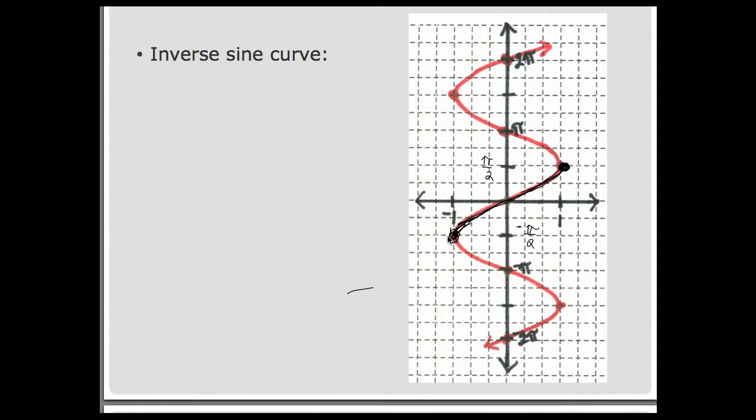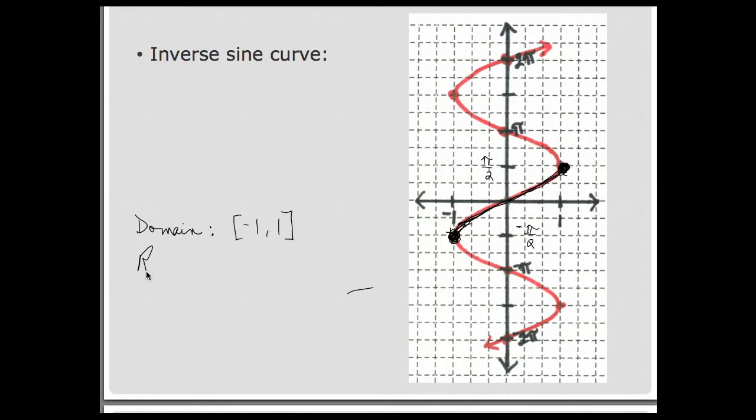All right, so if you take a look at just this little piece, from that we want to come up with what the domain and the range would be for the inverse sine function. So the domain, remember that's our x's. It goes from -1 to +1, and it does include those because here are these points here.